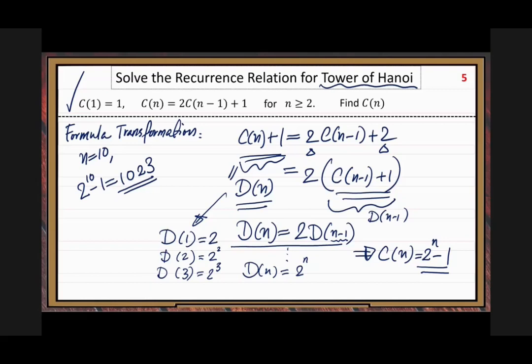In our homework assignment 1, you have one question related to the Tower of Hanoi problem. In that question, you need to use this form. We solve the Tower of Hanoi problem twice. The first time, we need to make a certain number of moves, and the second time, we need to make a certain number of moves.